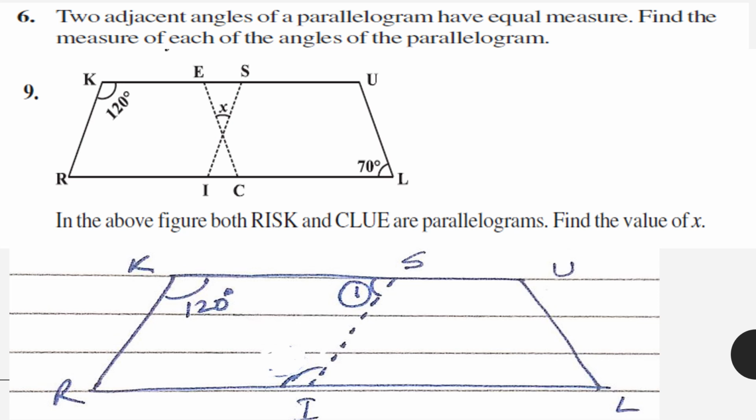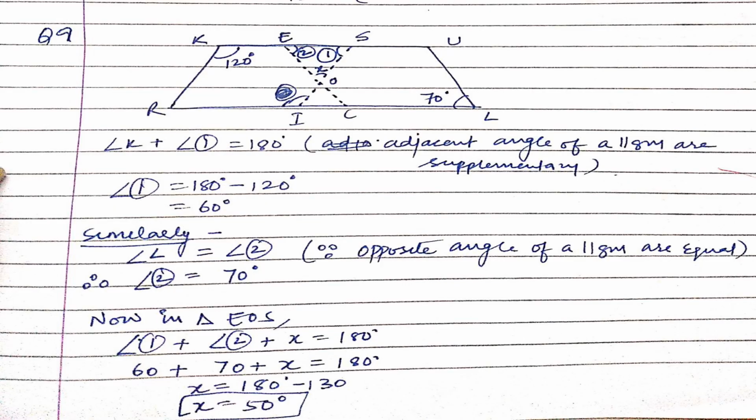Let's see how. This is the solution. Same thing I have done over here. In parallelogram RISK, angle K plus angle 1, these two angles, sum is how much? 180, because they are adjacent angles of a parallelogram and they are supplementary.